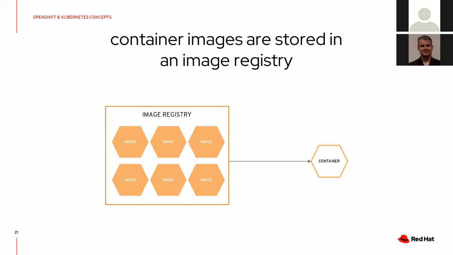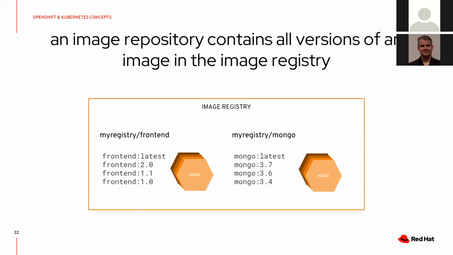And what an image registry does is it allows us to provide all of the containers, all of the versions. And so when we're going to deploy an application, we can select the version we want to deploy from the image registry, and that allows us to set up canary testing or blue-green testing, or we can quickly roll back if we deploy a version that's not working properly or not working the way we want it to work.